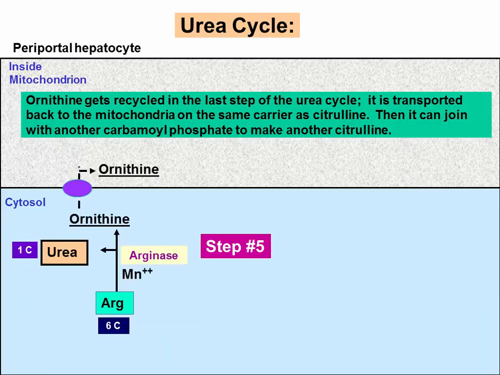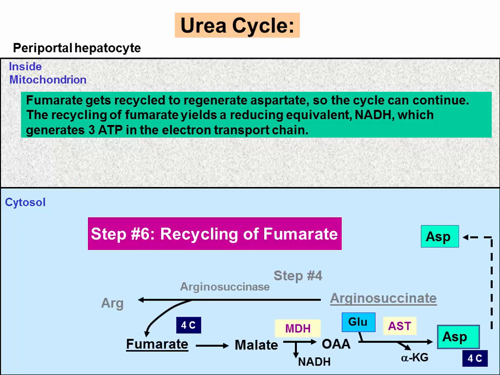Okay, now I'm going to click. The last, I think it's the last step that I have broken out here, is the recycling of fumarate, right? And so if you think about it, any cycle, you got to regenerate the entities so it keeps going, right? So fumarate gets converted to malate.